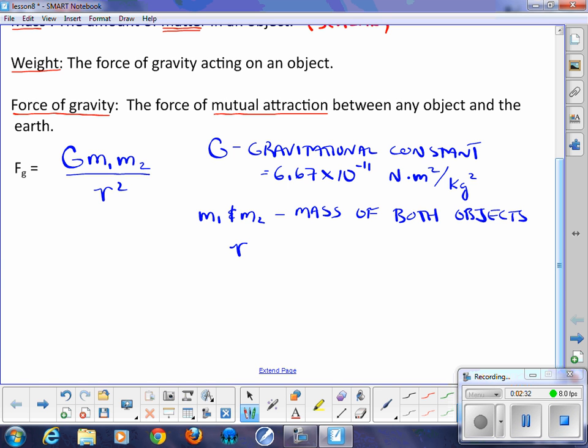And finally, your r value is your distance between objects. I'll put distance between centers of objects for the larger objects. So if we're talking about planets, you've got to go right to the center. Okay, so that's pure straight review here.